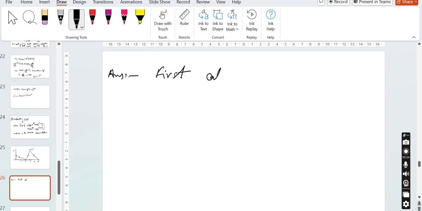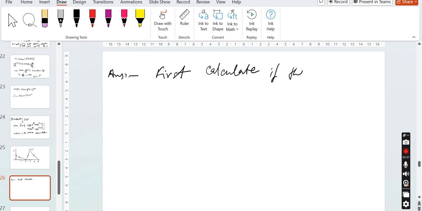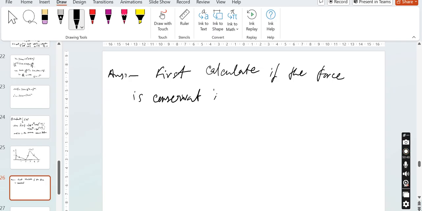First, calculate whether the force is conservative force. So if curl of F is 0 or not.